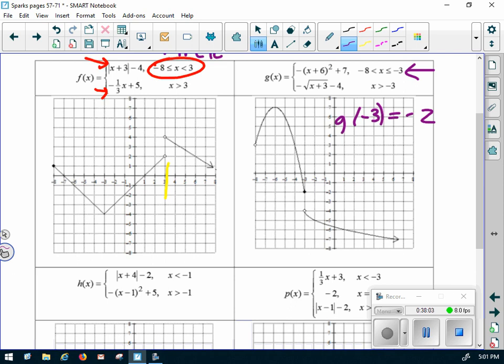Well, from the left side of negative 3, we found that the y values were approaching and in fact actually got to negative 2. But from the right, the y values were getting closer and closer to negative 4. Because those two pieces don't connect at all, you have a jump discontinuity.